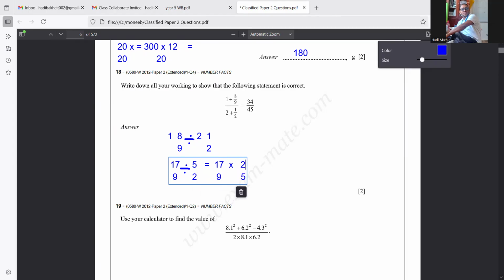And this is multiplication of fractions. You multiply top with top and bottom with bottom. Then 17 multiply 2 is equal to 34. And 9 multiply 5 is equal to 45. And this is exactly your answer over there.